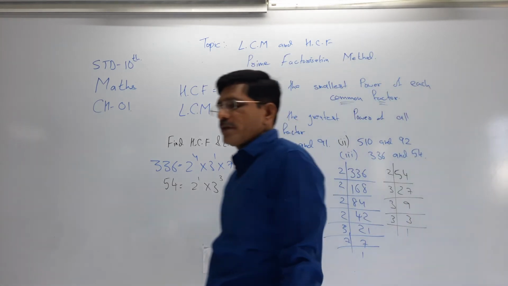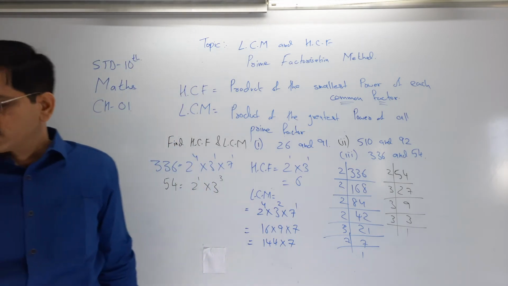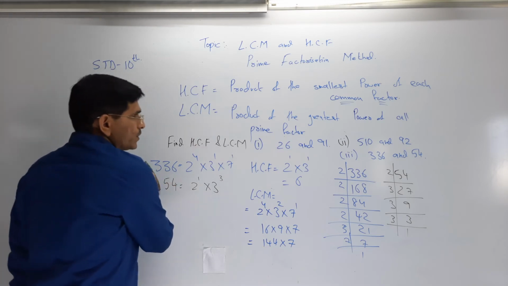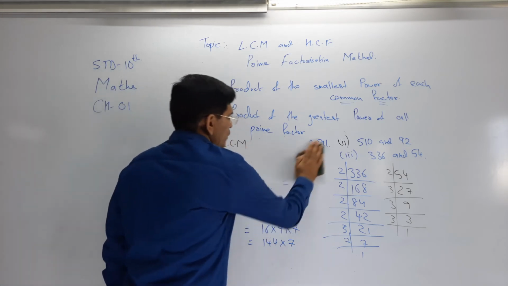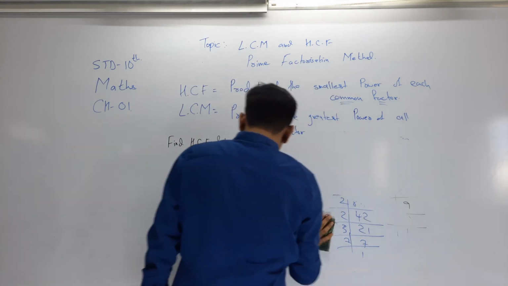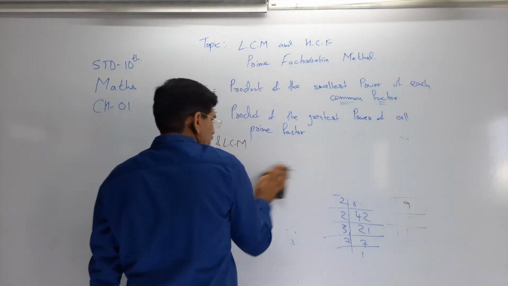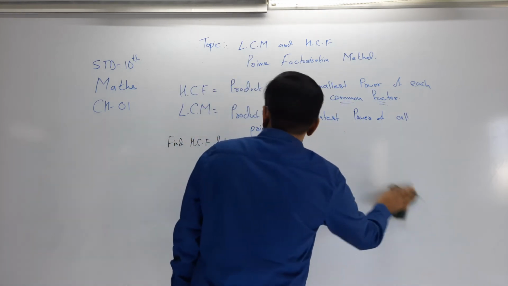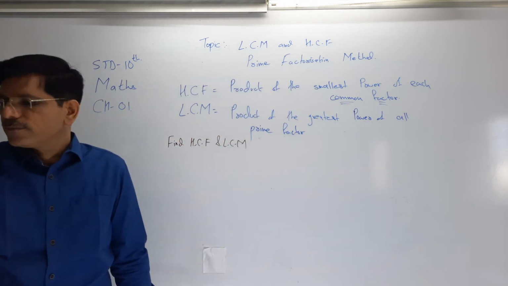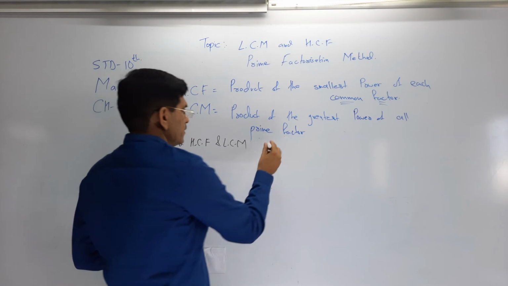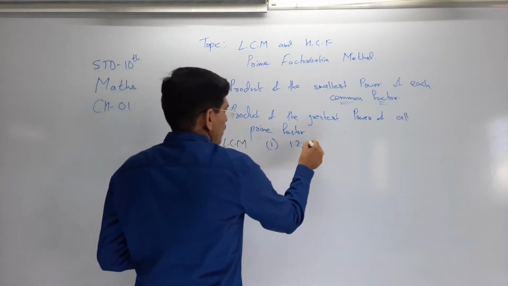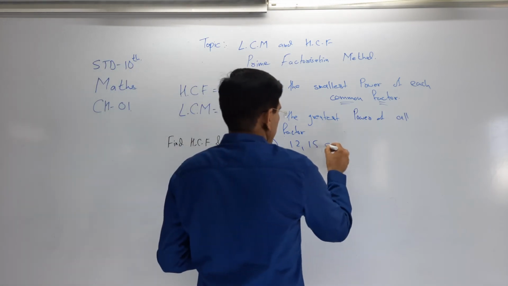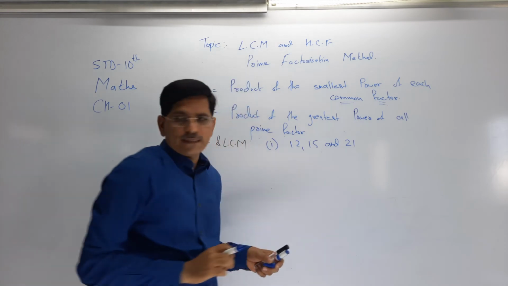I hope you have written it. Now three sums we have to do, that is 12, 15 and 21. We can do all such sums only by the prime factorization method. 12, 15 and 21, so it is easy.